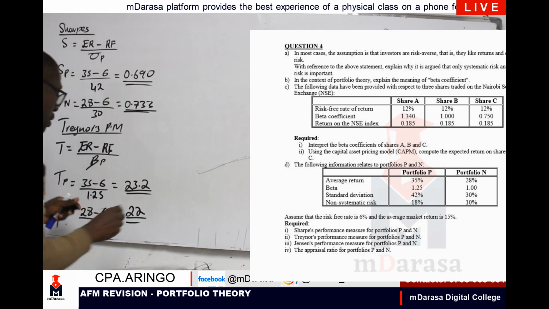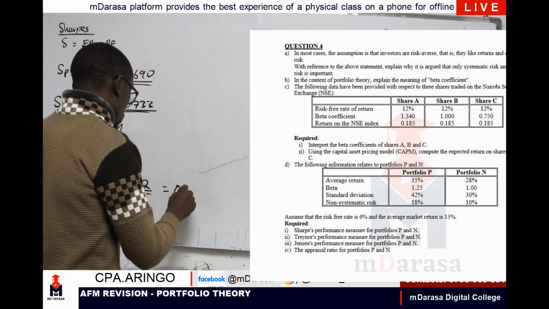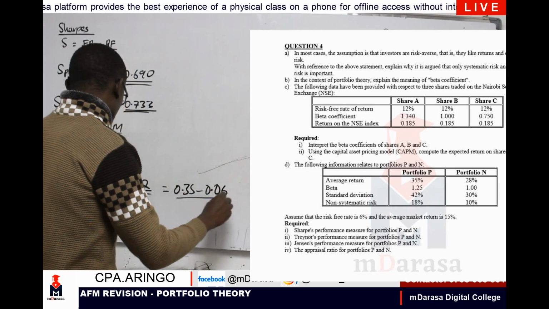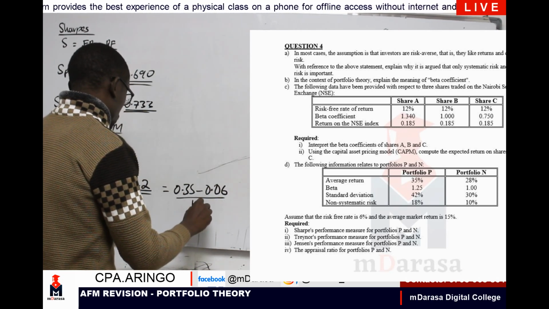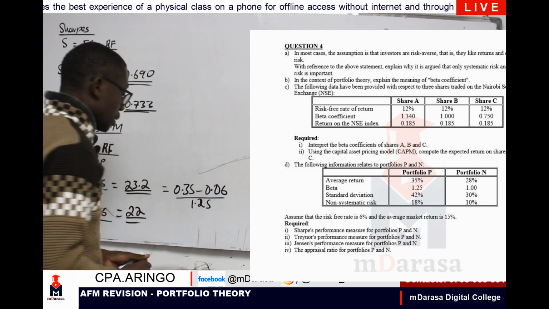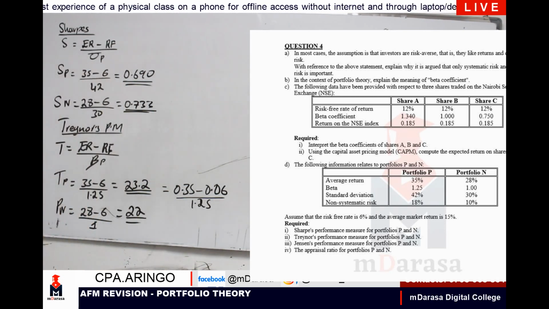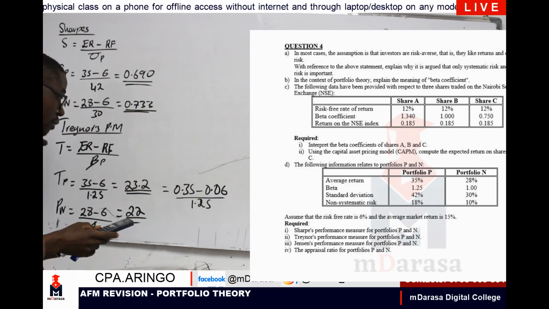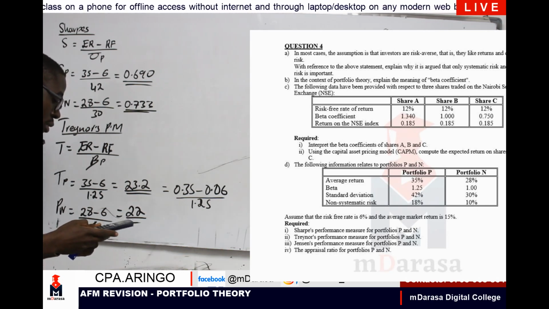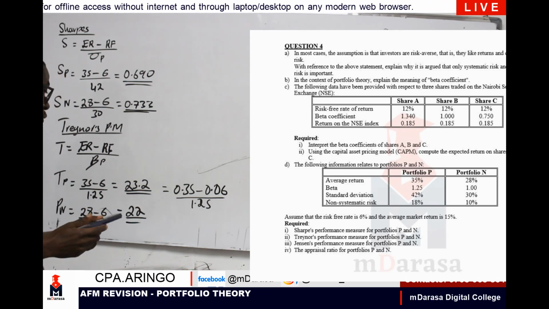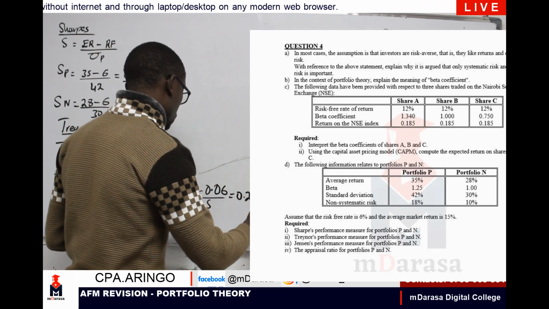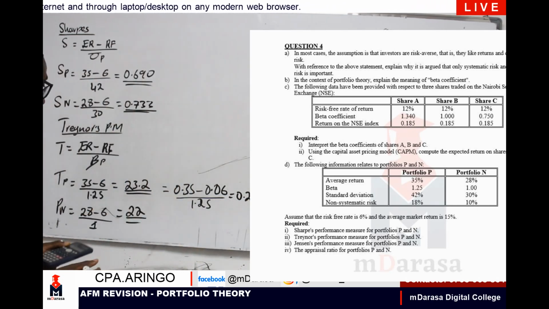In this context, literally, we can do it as 0.35 minus 0.06 divided by 1.25, which should give us almost the same value, basically 0.232. See? Almost the same values, right?